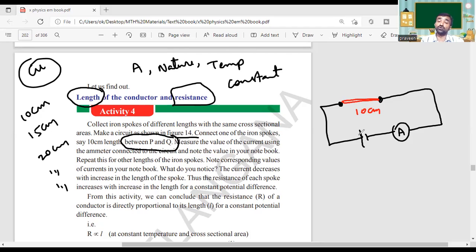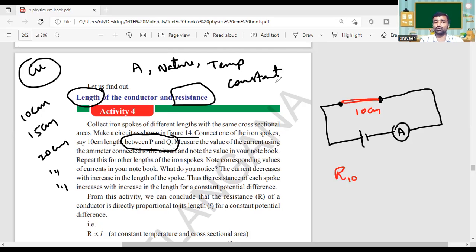Then switch on and observe the ammeter value, the current value, or set the multimeter to ohmmeter and read the resistance value. Either way gives you an idea about resistance. So measure the resistance of the 10 centimeters length wire.